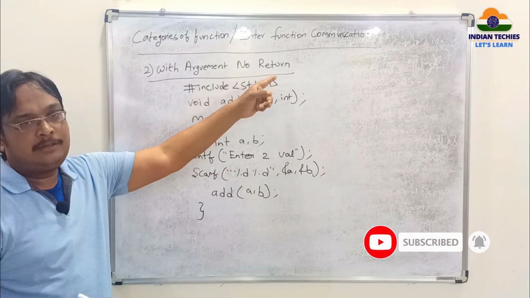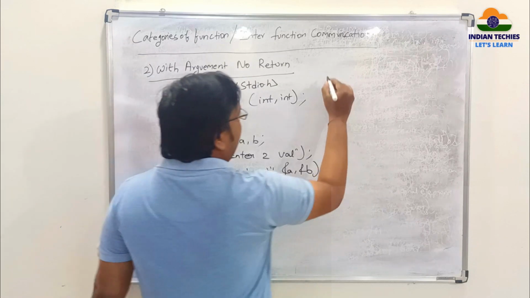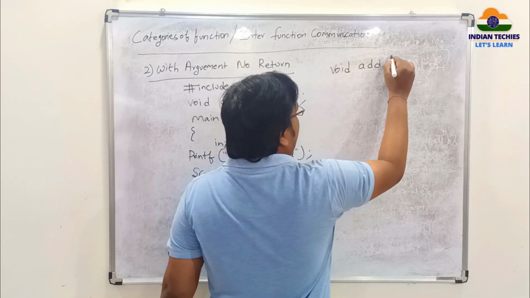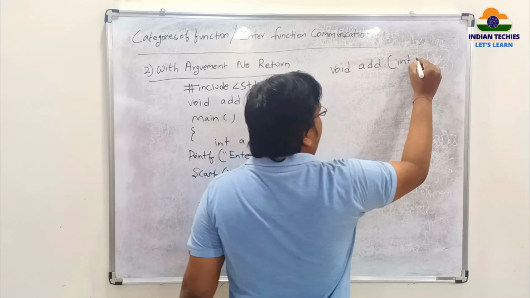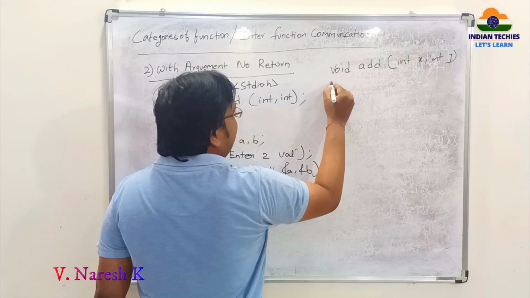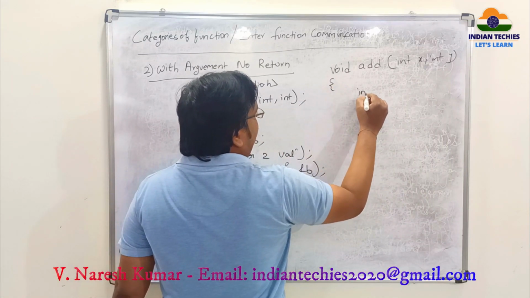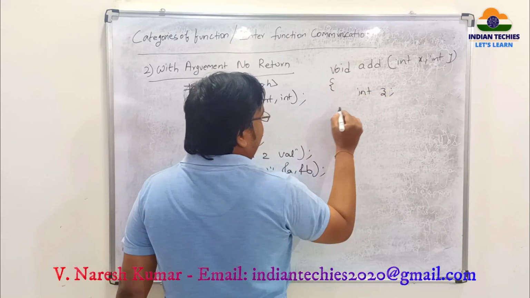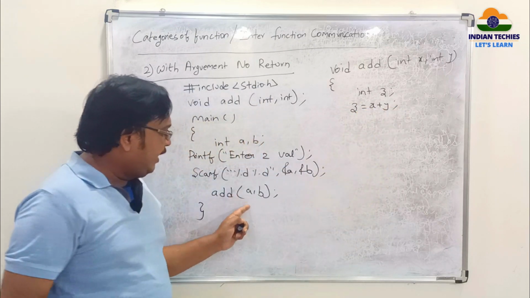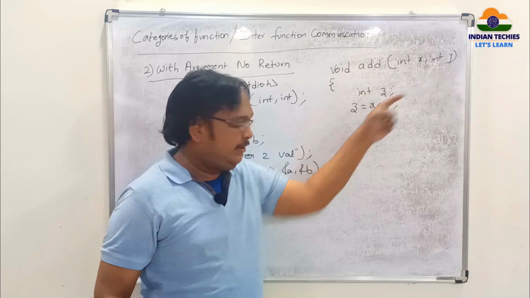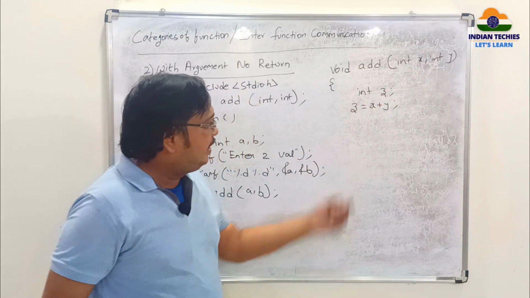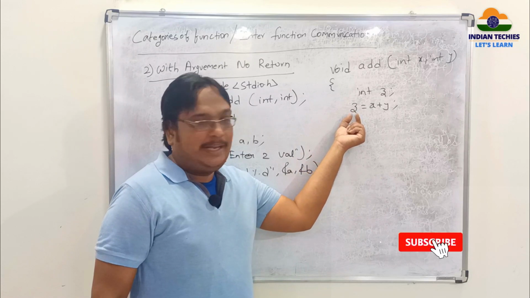No return. Now see the function. Void, function name add, to store A and B, here two names I have to give. Already I have declared data types. Here I am declaring X, Y. Now to calculate, int Z, Z is equal to X plus Y, because this A comma B have been stored in X and Y. Now generally what we have done previously, this Z is the final value.